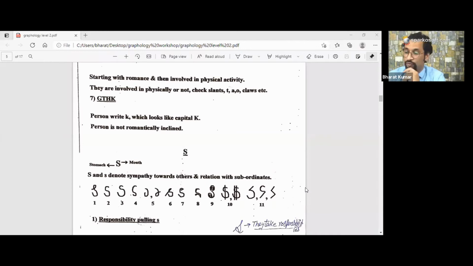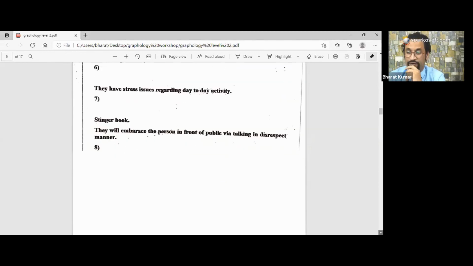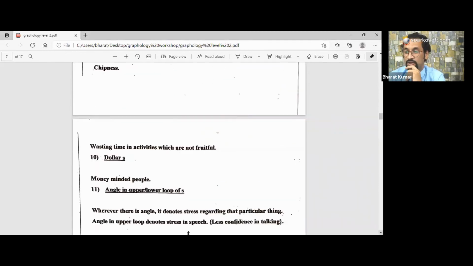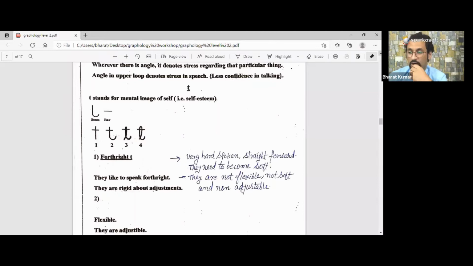Next, we are now going to have a different form, that is T. T is also extremely important. T stands for mental image of self. It tells about the mental image of self.